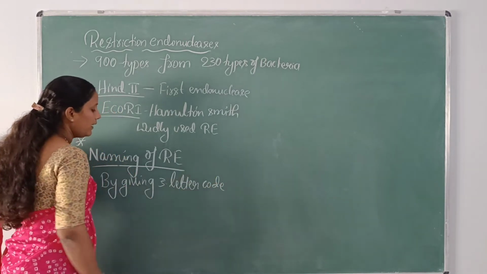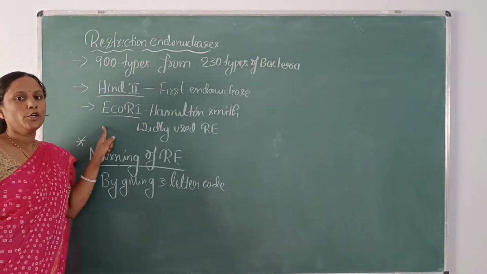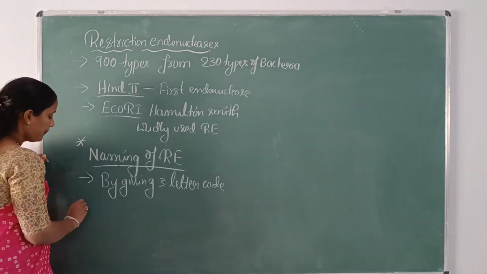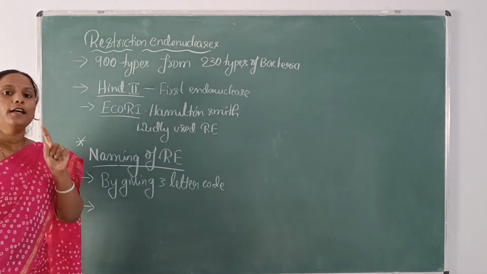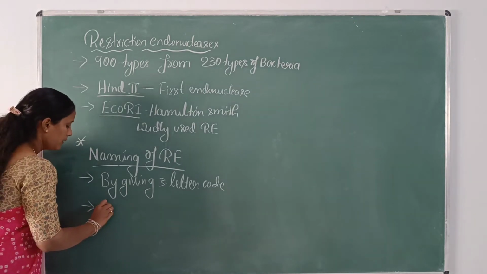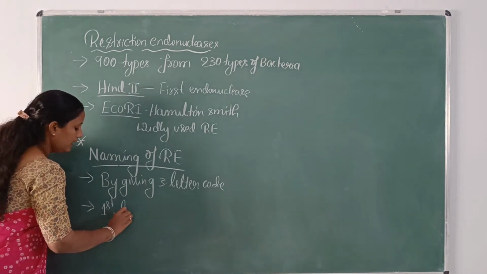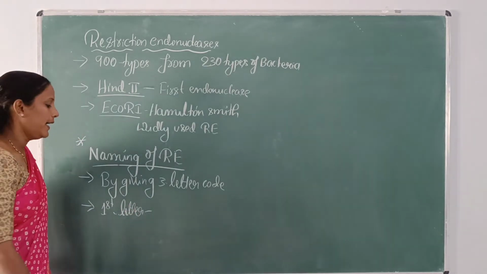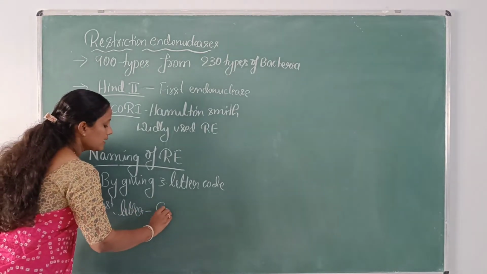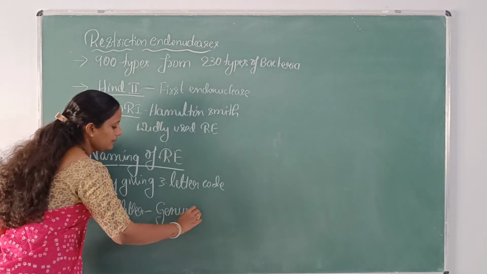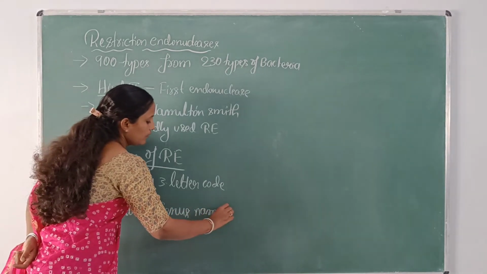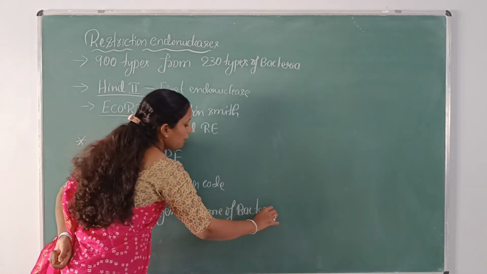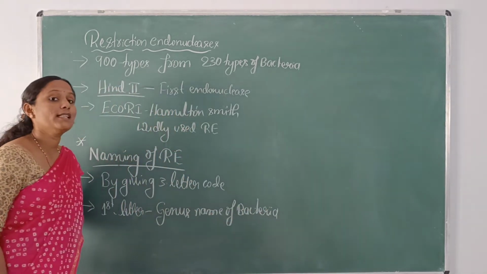In this 3-letter code, the first letter indicates the genus name of the bacteria from which the enzyme is isolated.